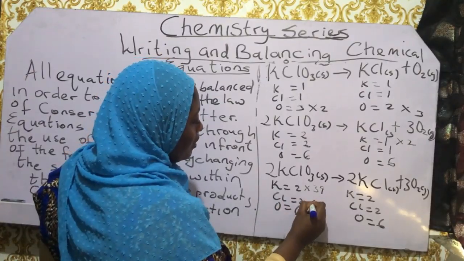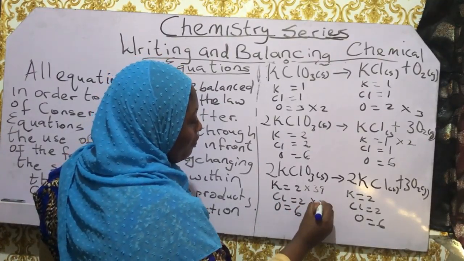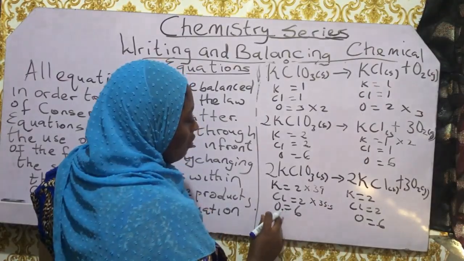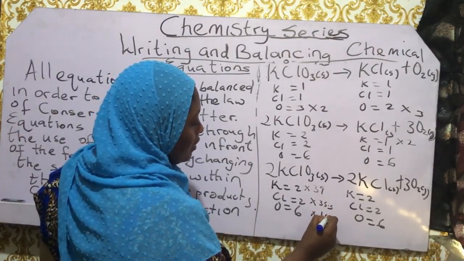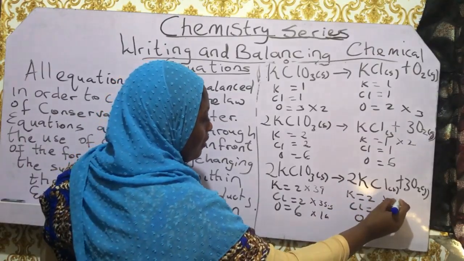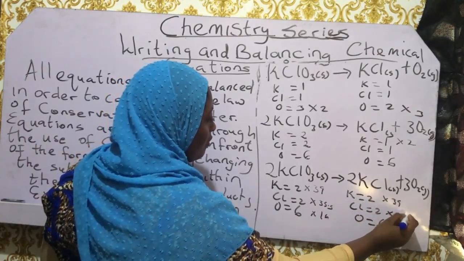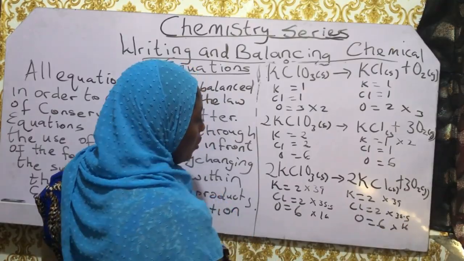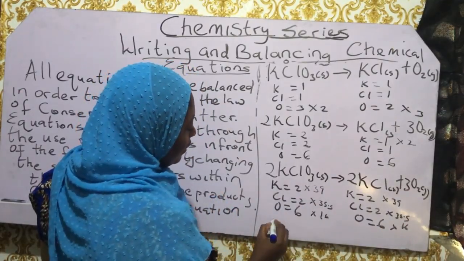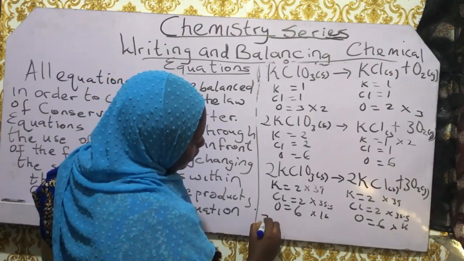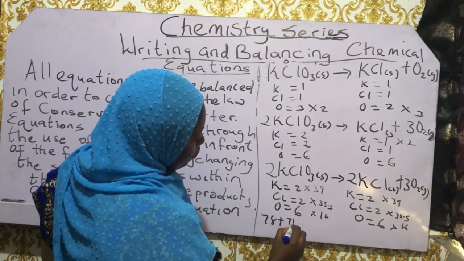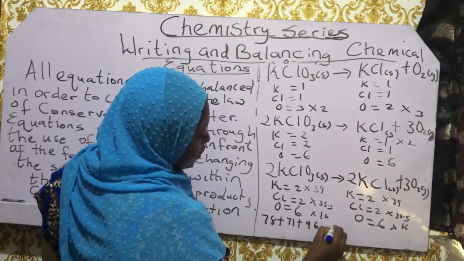Chlorine is 35.5. Oxygen is 16. And here you have the same thing. So 2 times 39 gives 78 plus 71 plus 96.